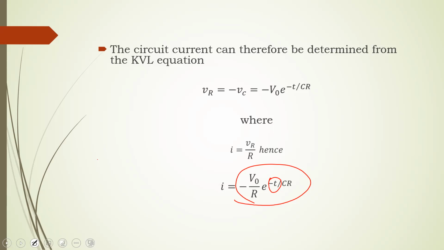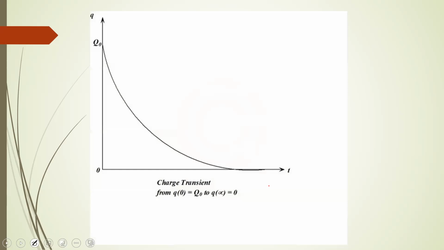If you have a charged capacitor and you discharge it across a resistor, we expect the voltage across the capacitor to diminish. The current through the circuit will start at a maximum, but then it will go down to 0. So the graphs should make a lot more sense now.